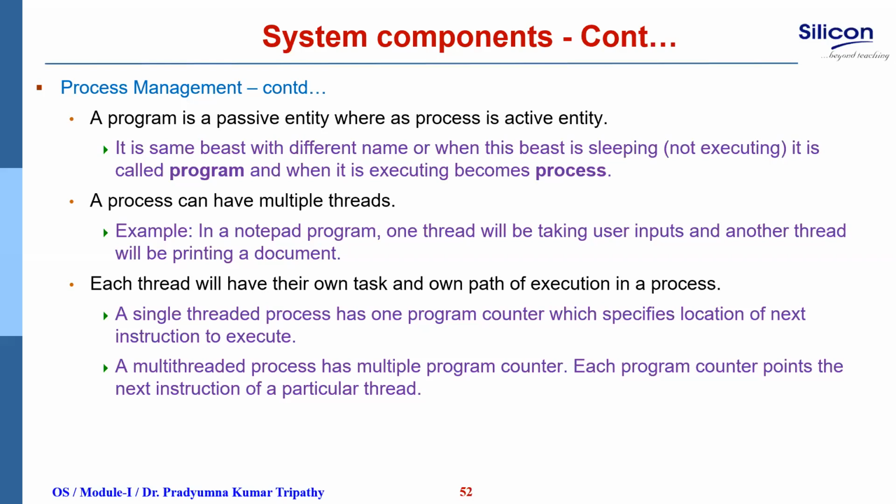Each process may have a number of threads. One process has 3 threads, another has 2 threads, another program may have 10 threads. And each of these threads has its own path of execution inside the process itself.